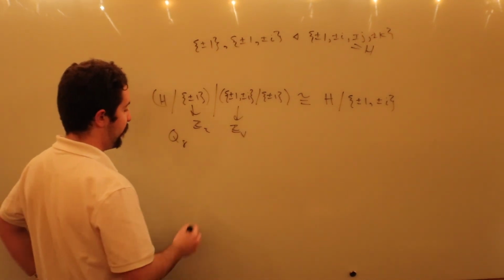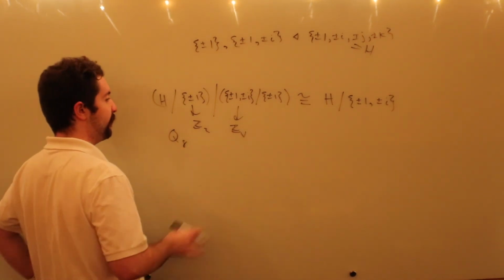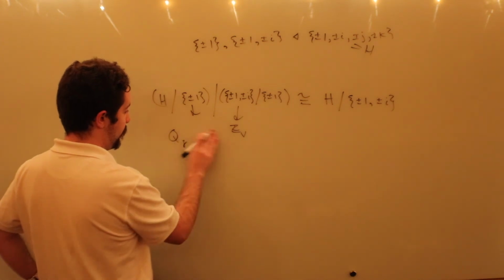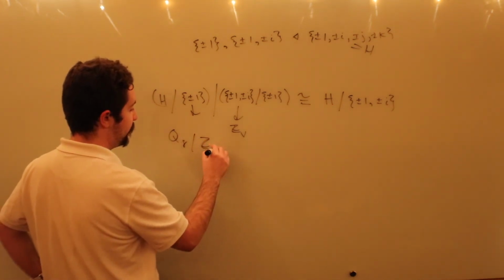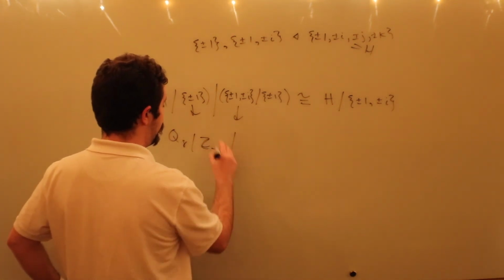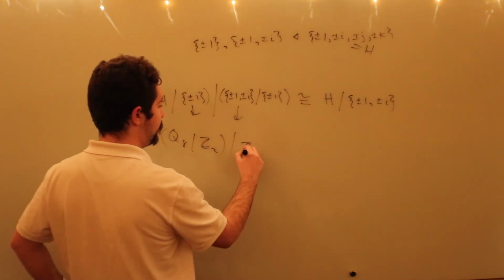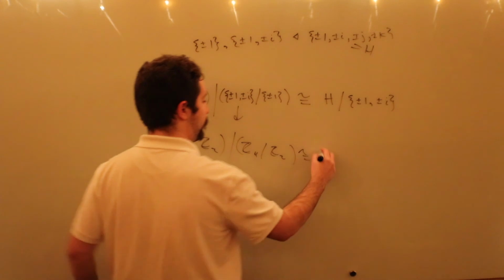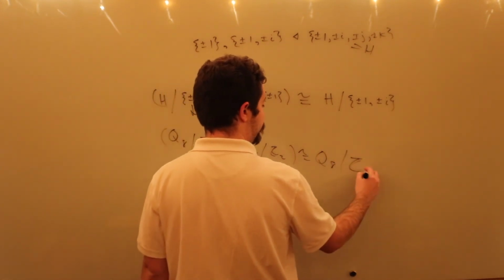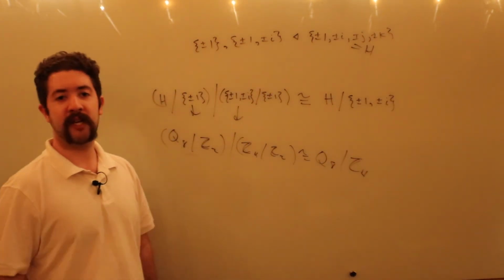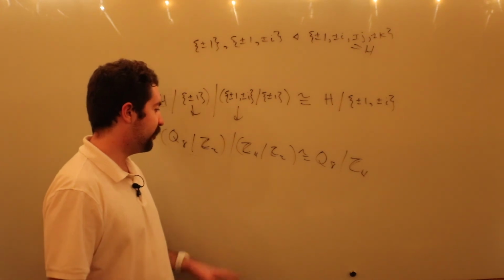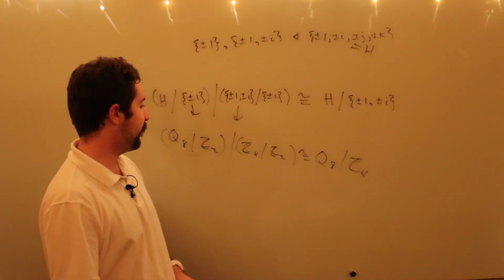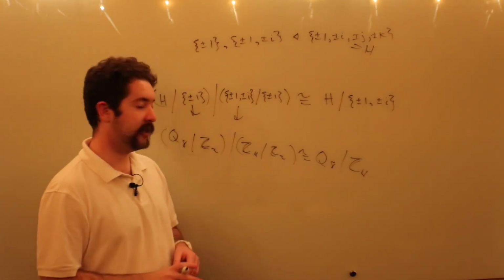So you basically have, although this is a little bit fast and loose, that Q8 quotient Z2 quotient Z4 quotient Z2 is isomorphic to Q8 quotient Z4. I said sort of, in a weird sort of isomorphic way, not strictly according to the letter of the law here.